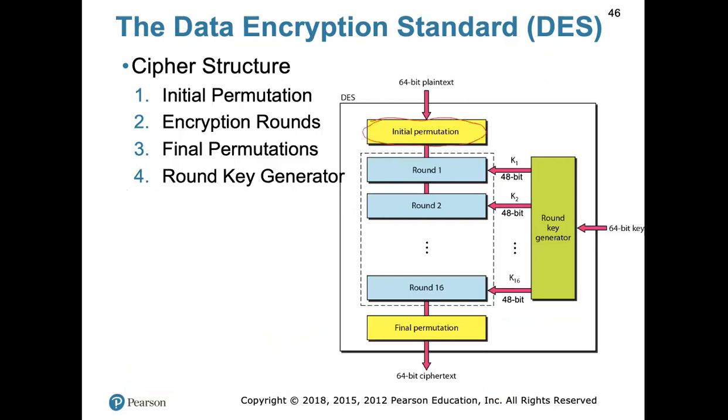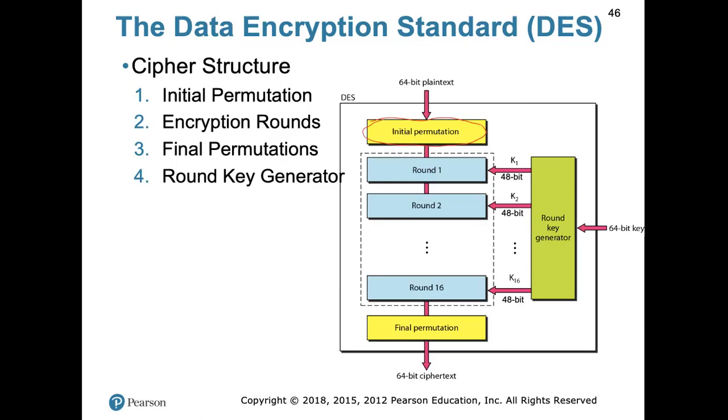The keywords that you see here all follow the standards, and if you use these keywords on the internet, you can find many resources, for example, how the initial permutation in the DES encryption algorithm is done. You can find videos and many documents about it because this has been used for a long time.